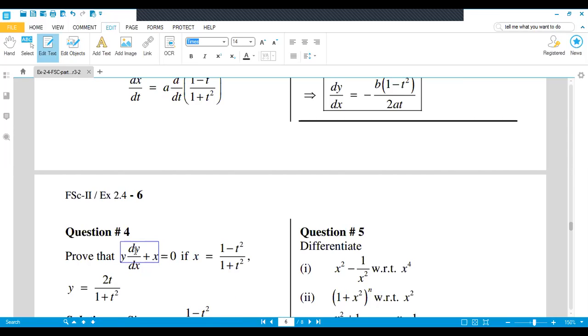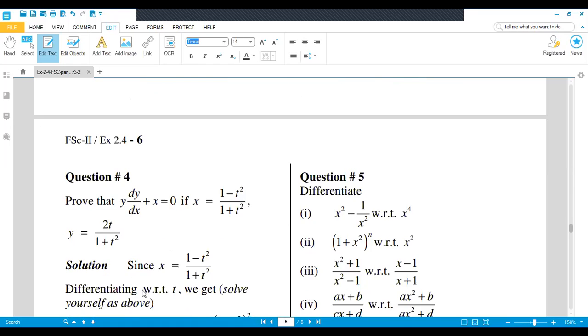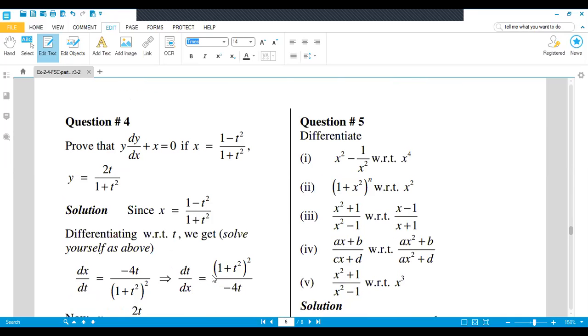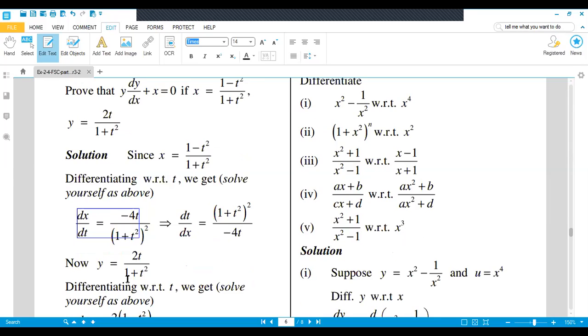When three variables are involved, you can easily solve it with the help of the chain rule. So first of all, you find dy by dx just like question number 3. Since x is equal to 1 minus t square over 1 plus t square, we differentiate with respect to t and we get dx by dt. You do it just like question number 3 and you will get dx by dt as this, and when you write its reciprocal, dt over dx is equal to this. Now y is equal to this. Again, you differentiate it and solve it by yourself.